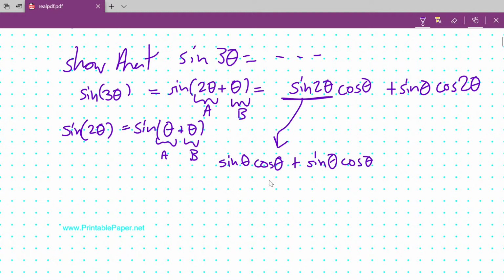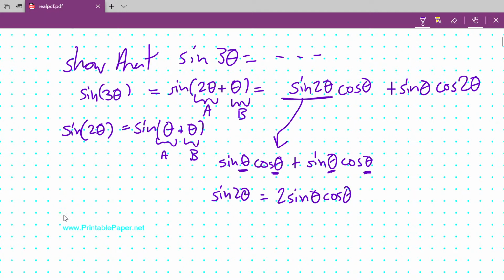And why are these expressions the same? That's because A and B are the same, where this is A and this is B, even though on the other side this is B and this is A. Since A and B are the same, you just get the same expressions on both sides. And so sine 2 theta is equal to 2 sine theta cosine theta.